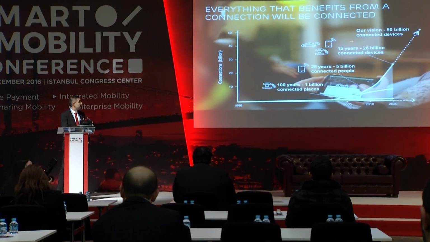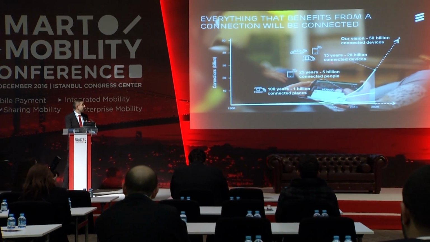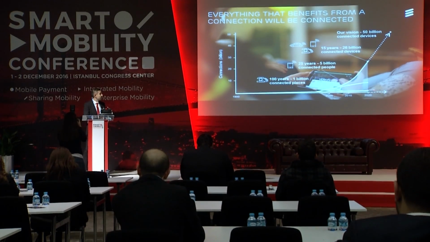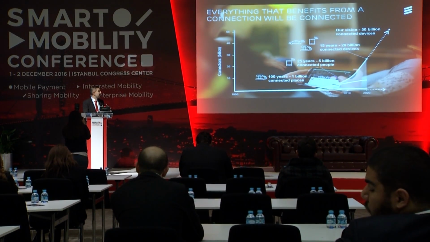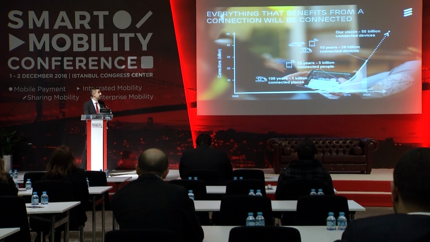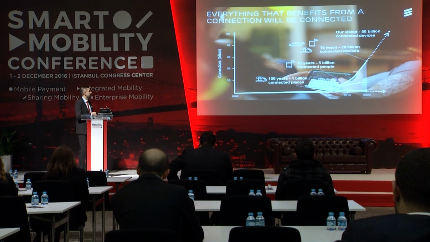With the smartphone and the devices that we've started to see everywhere, what we're envisioning is that very soon, in a few years by 2020, we'll have 26 billion devices, and that'll be only 15 years to get there. And soon enough, in a few years after that, we're thinking of 50 billion devices. That's way more than the number of people on Earth, obviously.